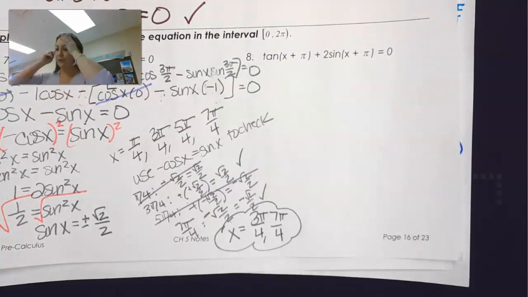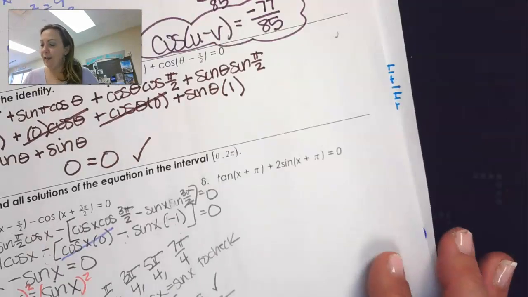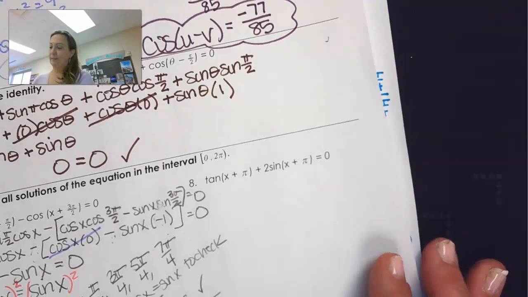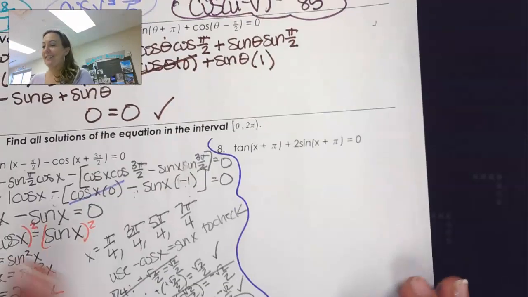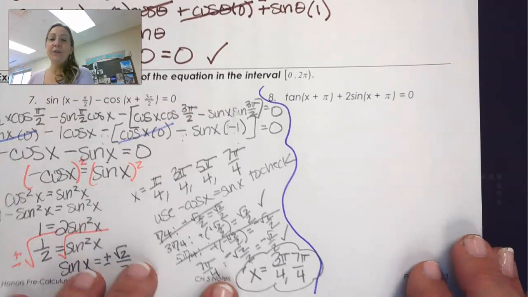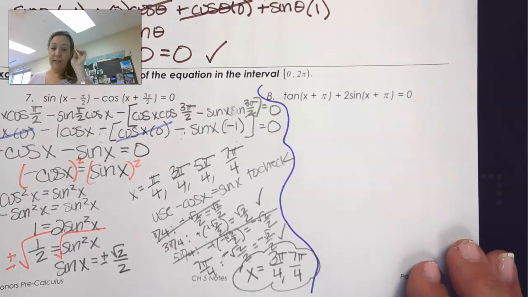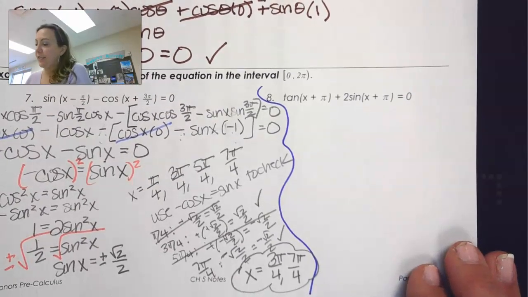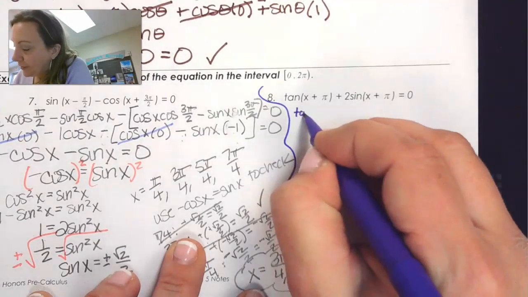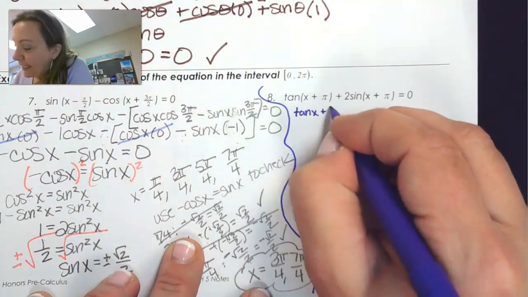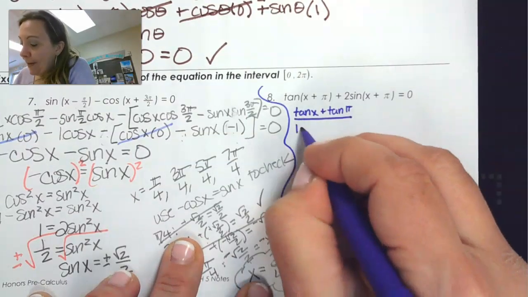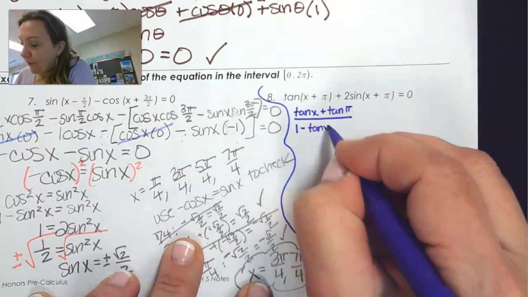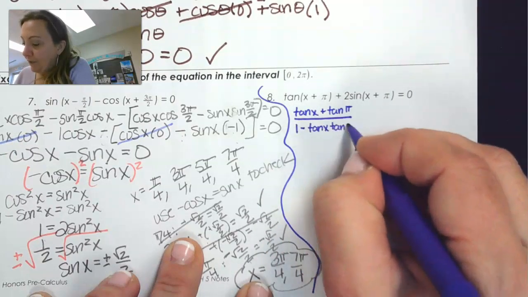And the last one we'll do is tangent of x plus pi plus 2 times the sine of x plus pi equals 0. So let me leave some space here. All right, so first we'll use the tangent sum formula. For the tangent sum formula, we're going to take the tangent of the first plus the tangent of the second over 1 minus the tangent of the first times the tangent of the second.